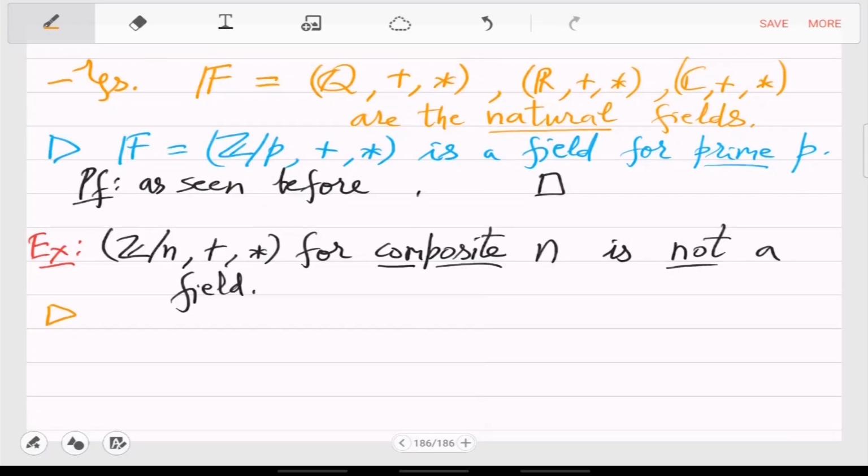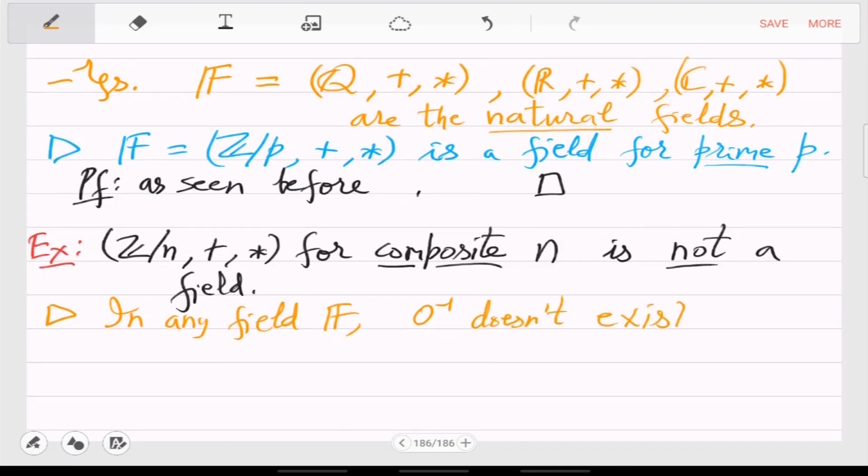Okay, so let's see how much you understand this. F is a field. In any field F, 0 inverse does not exist.